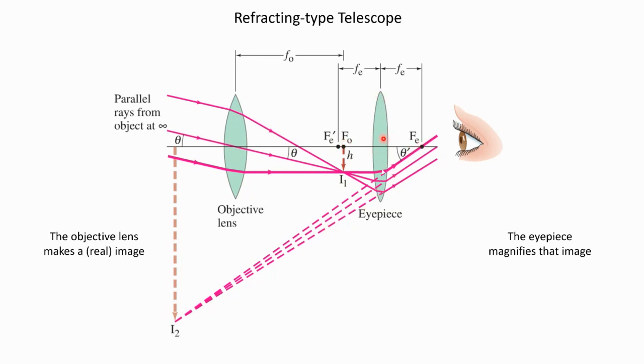In order to magnify that as much as possible, we arrange the eyepiece and our eye so that the image is close to the focal point of the eyepiece, F_E. If we move the eyepiece around so that its focal point is right on this image, then the final image is infinitely far away, and you can look at it with a relaxed eye.